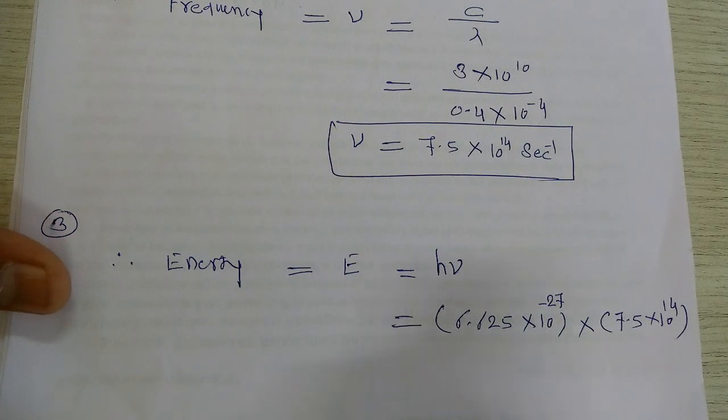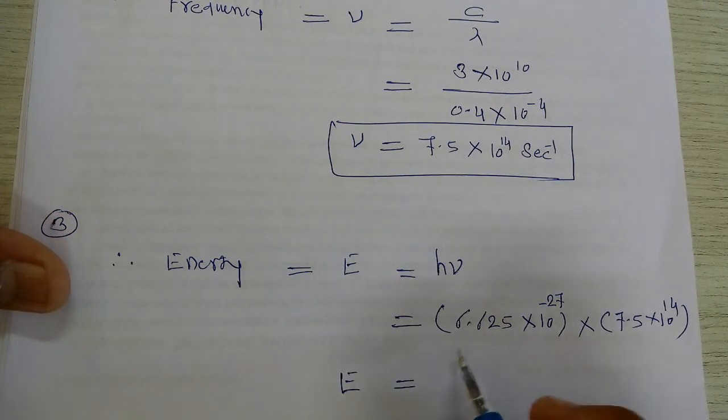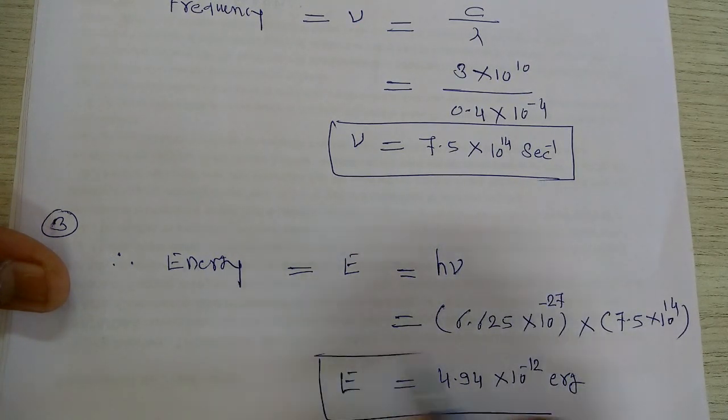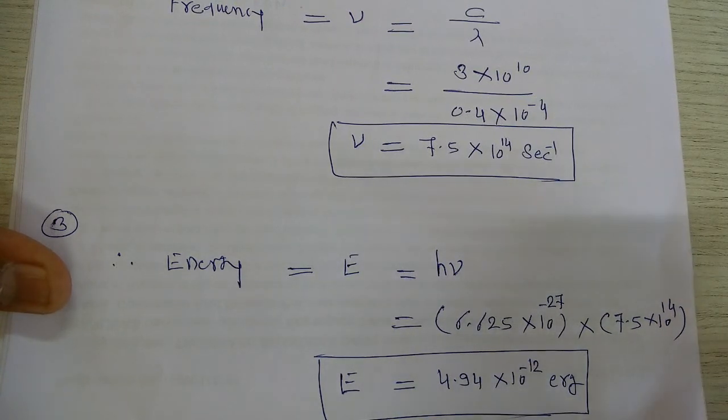If we solve it, the value for the energy of radiation comes out to be 4.94 into 10 raised to minus 12 erg. So this is the value for the energy of the radiation.